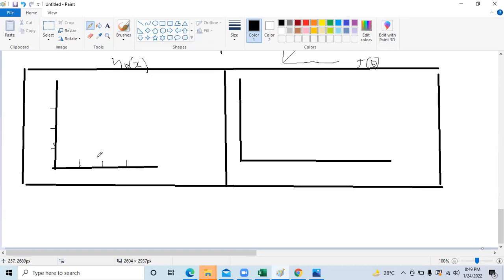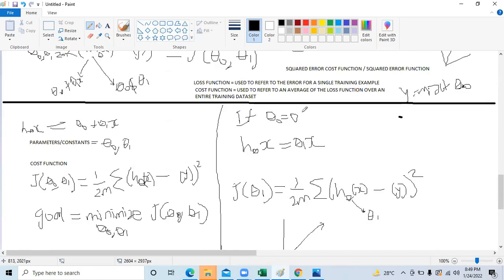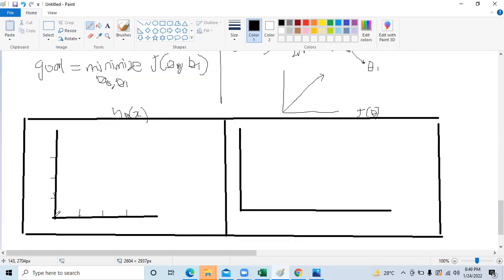So let's say we have a model where our theta 0 is 0. Don't forget. So we're going to start from here, and then our theta 1 equals 1. So this is 1, 1, then 2, 2, and this is 3, 3.